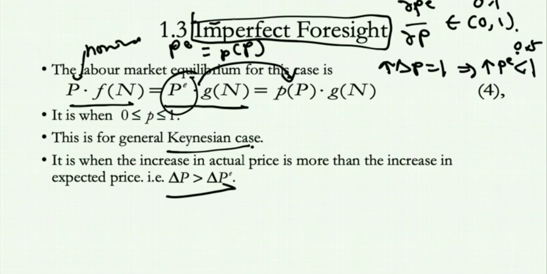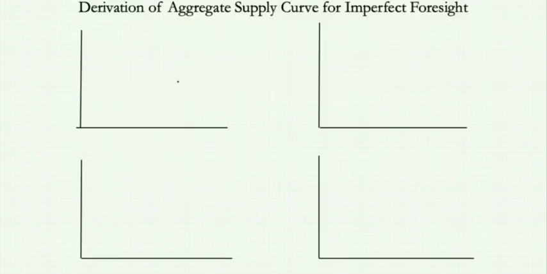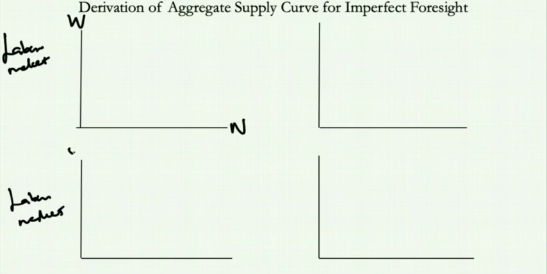Okay, so let's try to explain it in the form of a graph. How to explain it in the form of a graph? Same thing. We have the labor market here, nominal. Here also the labor market, but for real, small letter w and N here. Here is the product market.